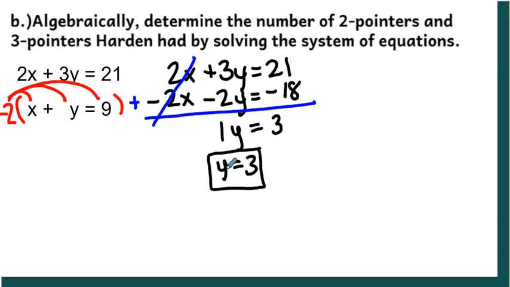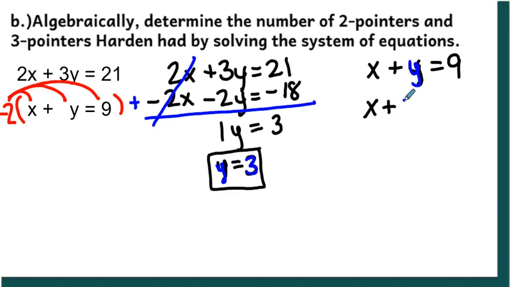Now that we know what the y value is, we're going to plug it back in to one of our original equations to help us figure out what x is. It doesn't matter which of the original equations you choose. I'm going to pick the one on the bottom. X plus y equals 9.